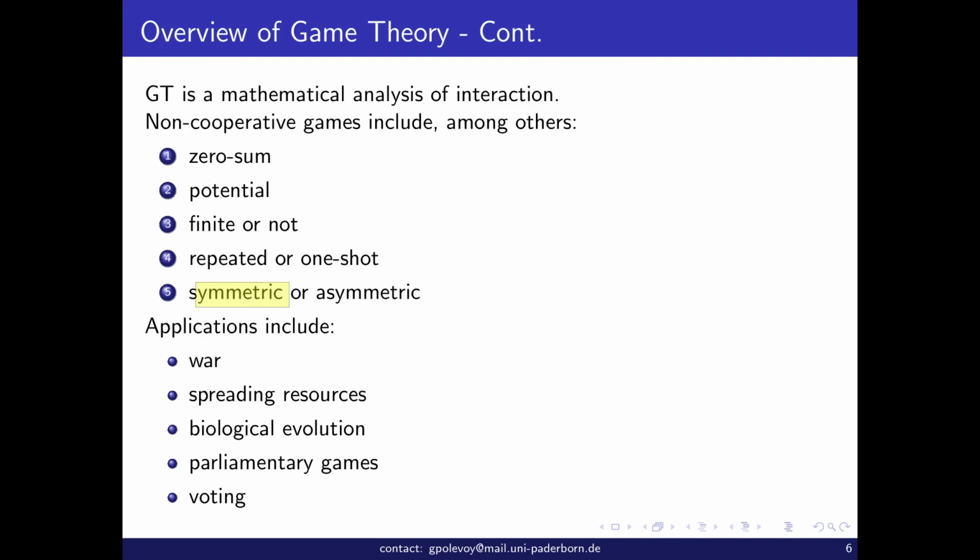And because there are many applications of game theory, most notably probably wars, spreading resources, modeling evolution, games in parliament, like, for example, I have the strategy to say this, and that, and we also can speak about who knows what, and model this as an extensive game, or voting, where the players can be, for example, the candidates, and then the choice of their advertised position, political statements, are the strategies.